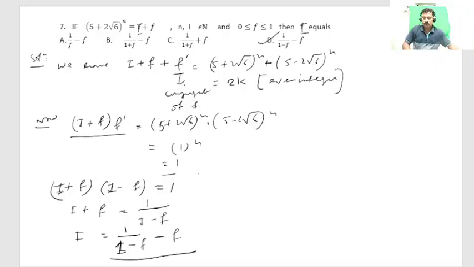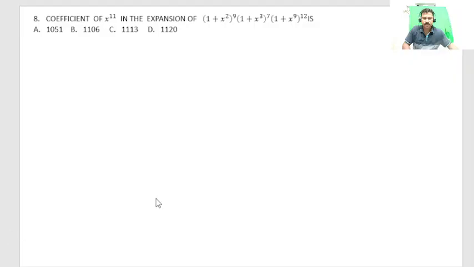Come to the next question. The coefficient of x to the power 11 in the expansion of this. Okay, the solution.